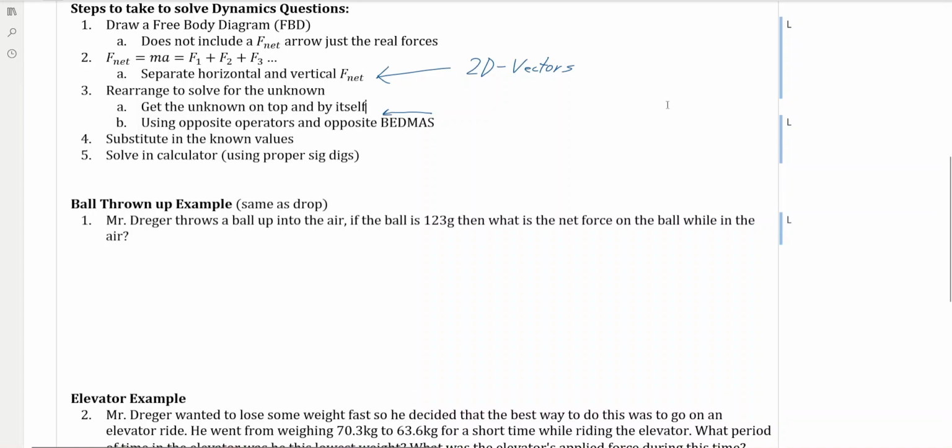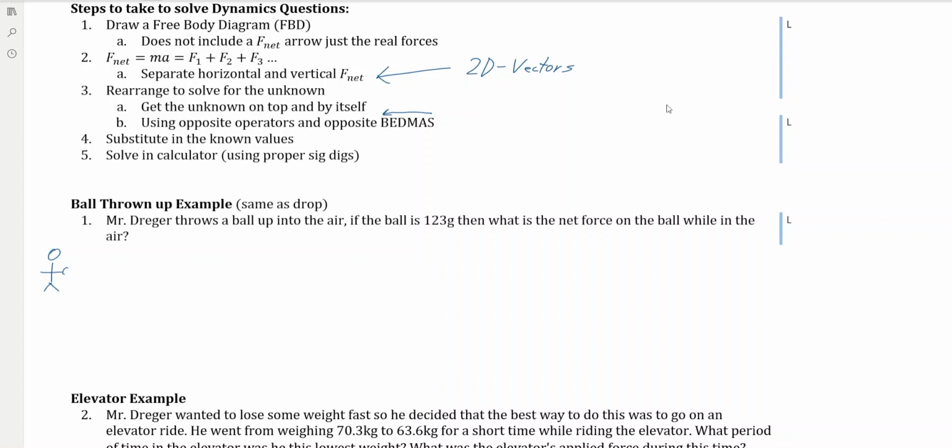Okay, so our first step is to draw the free body diagram. Maybe I'll just draw the situation. If I were you, I would suggest pausing the video right now, trying this question for yourself, and seeing if you get the same answer as me once I'm done. So pause it, try it yourself, and then press play.